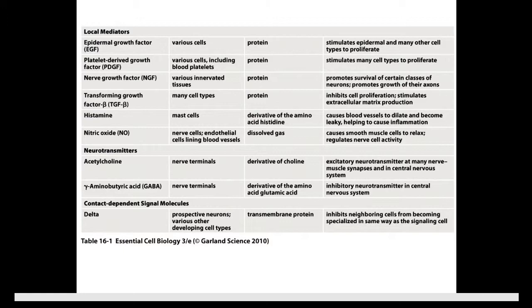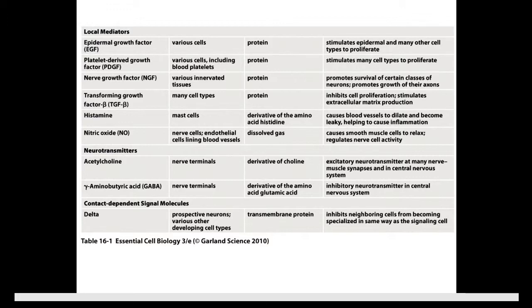Acetylcholine is a derivative of choline. It's an excitatory neurotransmitter at many nerve cells. The central nervous system receives signals from the neurotransmitter acetylcholine. A deficiency of acetylcholine causes many problems, so this hormone has a major important role in the central nervous system.